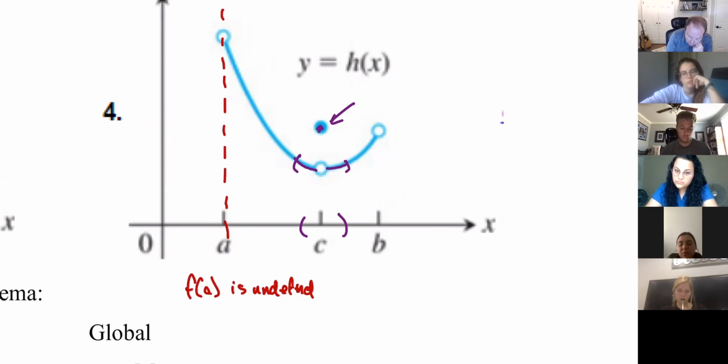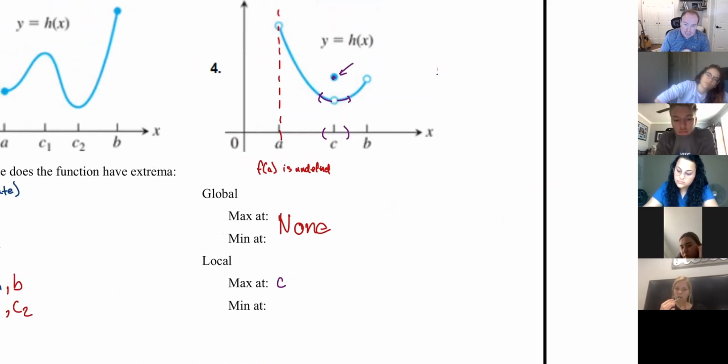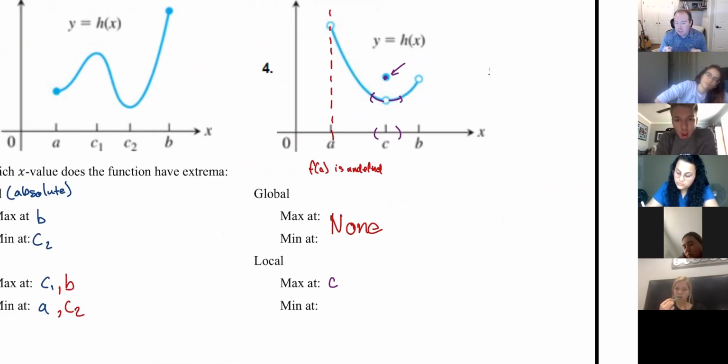It's up here where all of these are down here. So even though there's an open dot here, that is still actually a local maximum. So that is why we have a local maximum at C, because I'm able to create some open interval, doesn't matter how large it is, just that everything else in that interval is smaller than that.